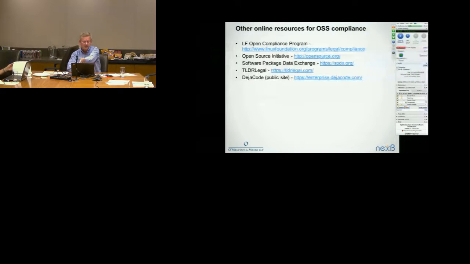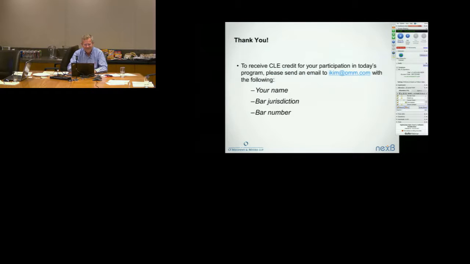And we, nexB, also provide DejaCode, including a public resource which provides a lot of reference information on licenses, with some classification, I wouldn't say interpretation, of the different categories of licenses and the type of terms as we see them. This is not legal advice. So that's pretty much it.